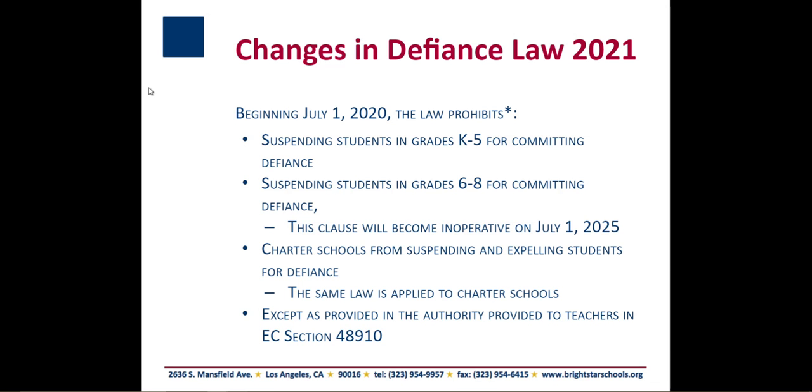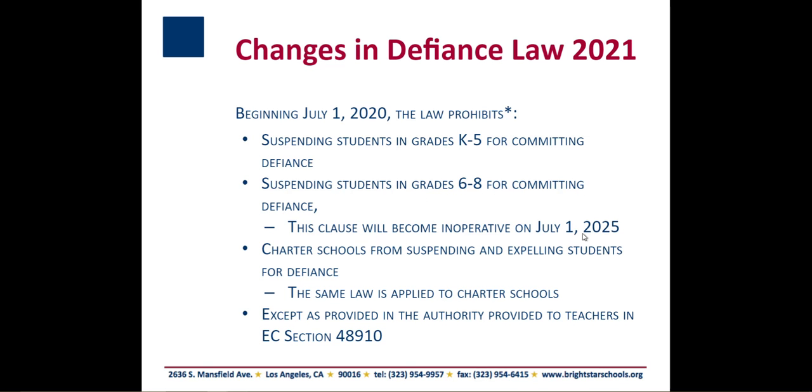So some more recent changes that happened. One of the things that are listed on the statutory offense list is defiance or willful defiance, and more recent laws restrict the ability for schools to suspend students in grades K through 5 for committing defiance.